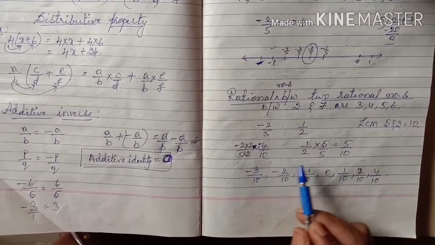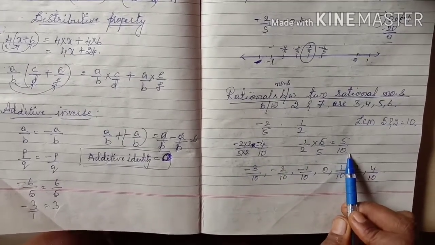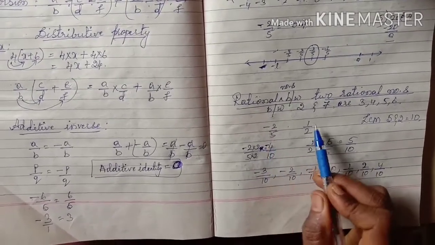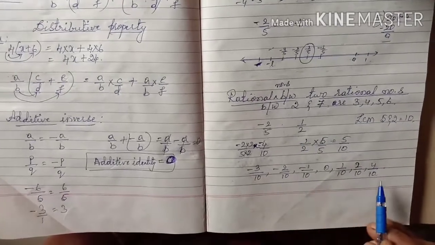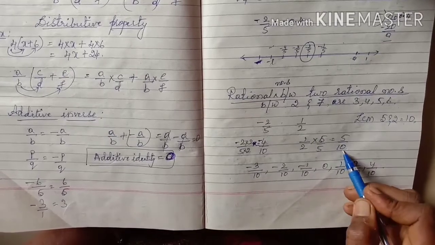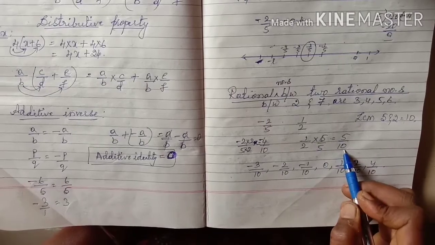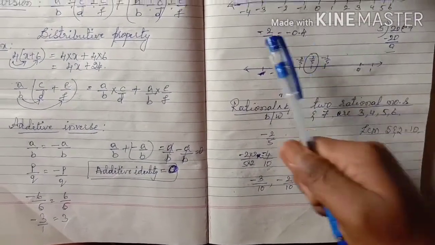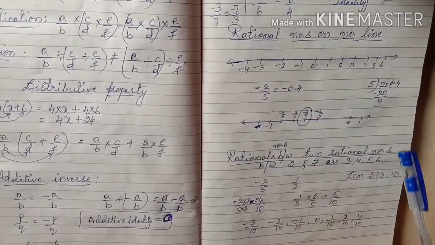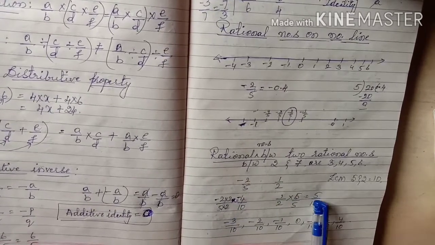Now since the denominators are equal, we can easily locate rational numbers between minus 2 by 5 and 1 by 2 on the number line, that is, between minus 4 by 10 and 5 by 10.